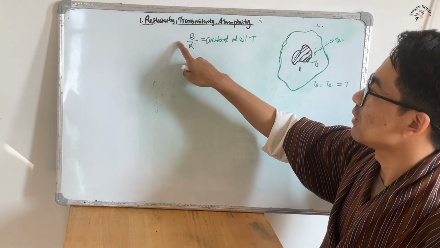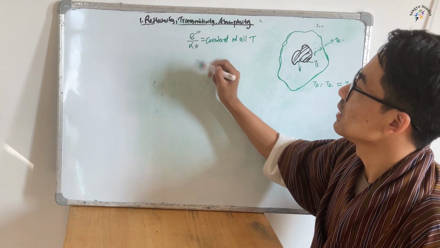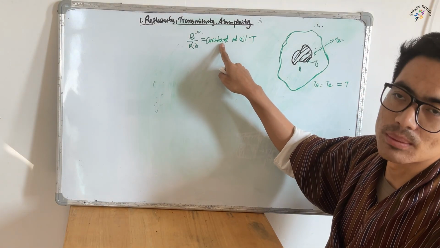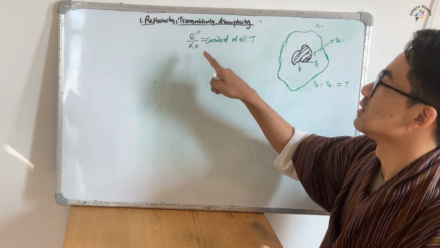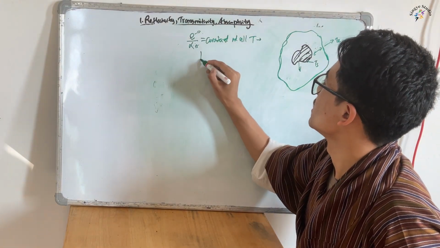So the ratio of this emissive power divided by the absorptivity is constant, which means it will hold some number that we'll discuss later when we discuss the law. And this is the statement of Kirchhoff's law.